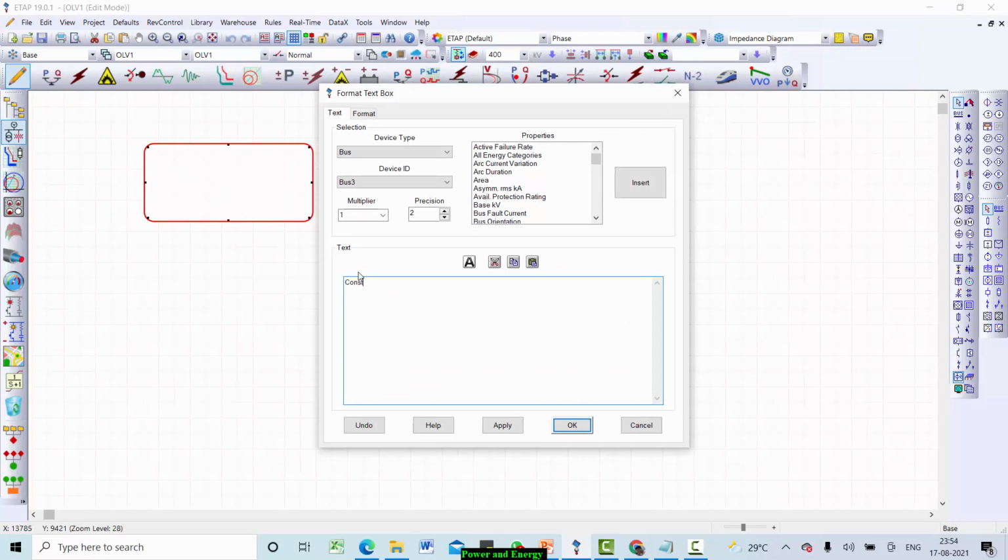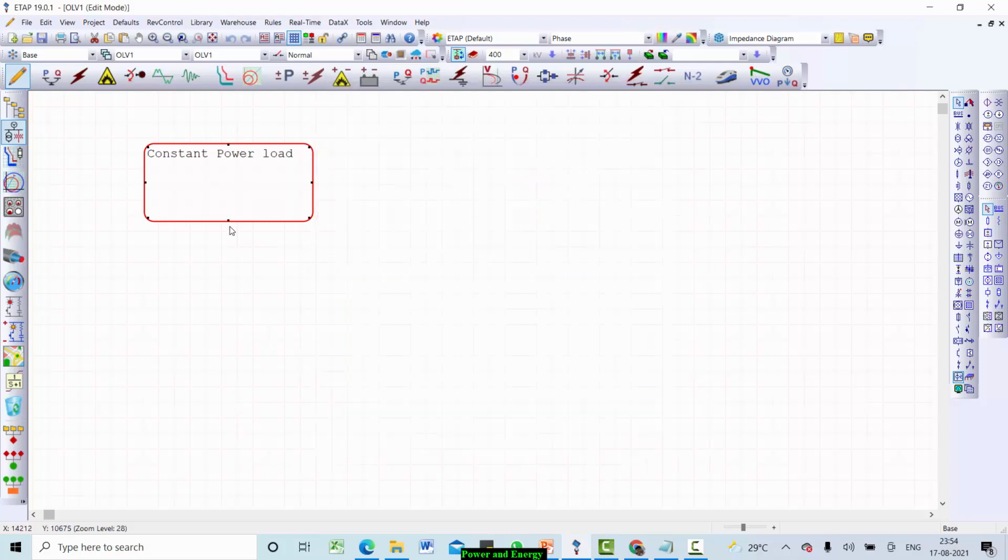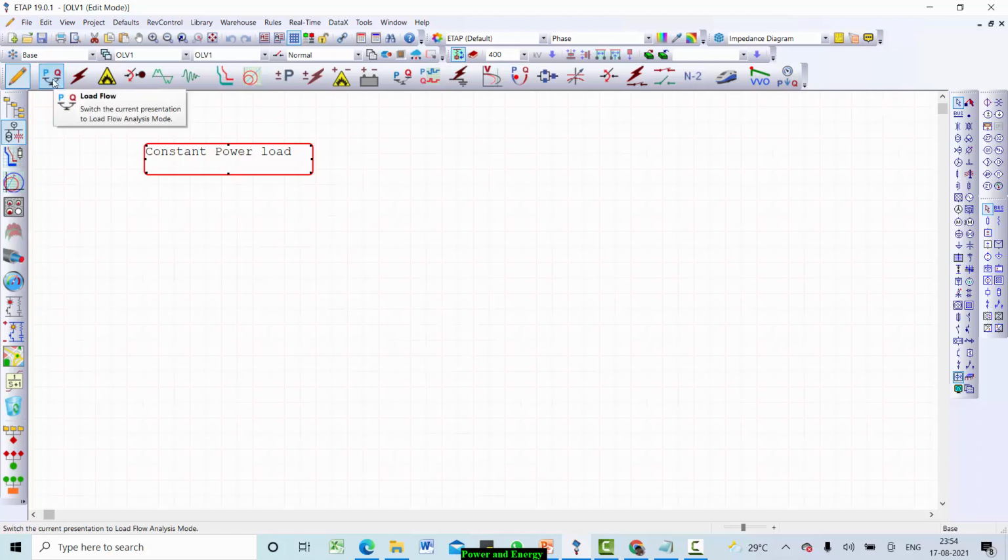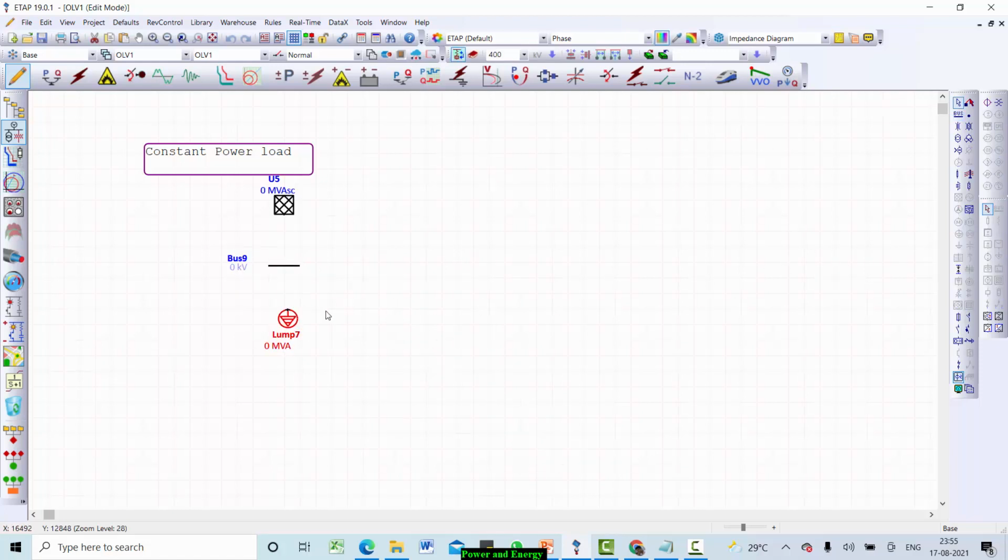Let me demonstrate constant power load initially. Take a grid, a bus and a lumped load. Connect these three components.